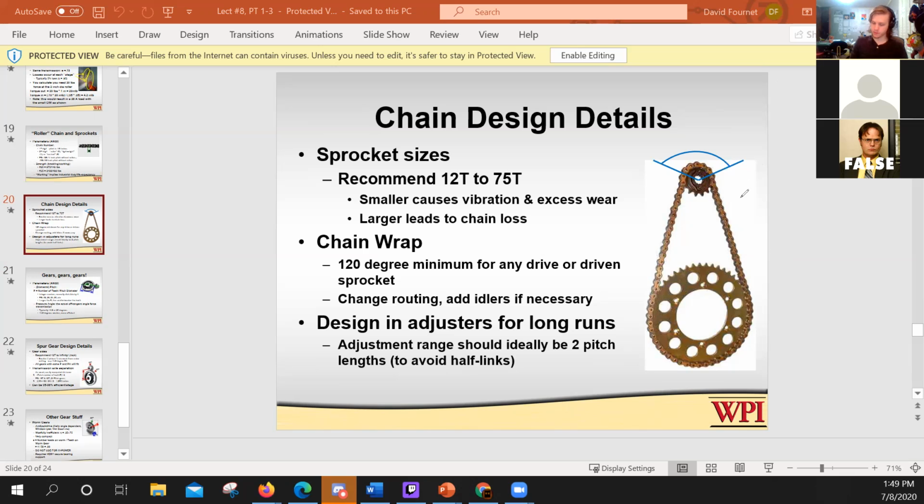So we'll look at this. We've got a 12 tooth and a 75 tooth, two sprockets. And I'll say the 12 tooth is the driver. Which one of these sprockets is going to rotate faster?